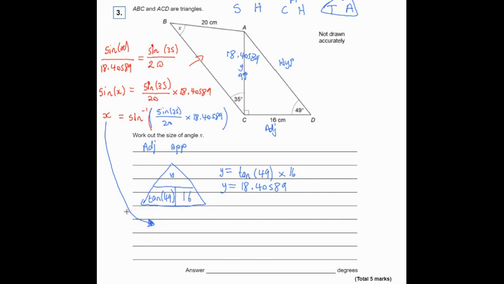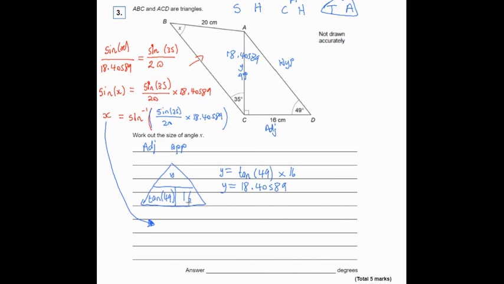So we're going to sit here awkwardly whilst I do that. Inverse sine of 35 over 20, was it 20? Yep. Multiplied by 18.40589. And then close that bracket. And then boom, we get an answer.